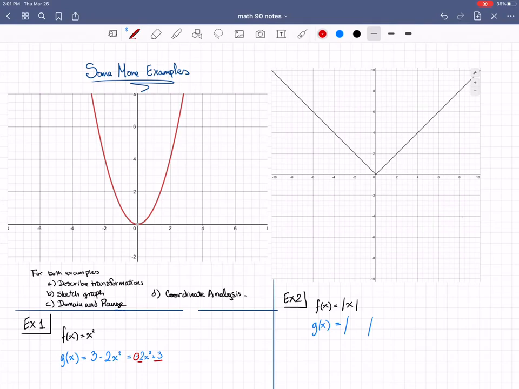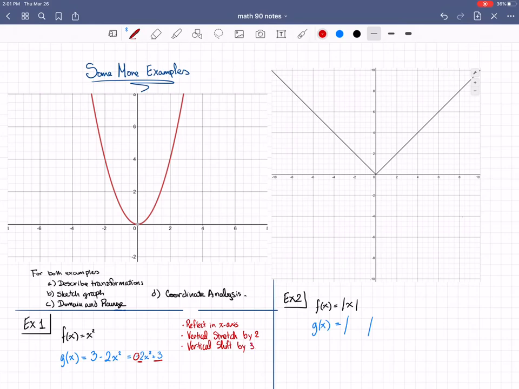So describing them in order. We have the negative on the outside, that's a reflection in the x-axis. The 2 on the outside is a vertical stretch. So I'm going to write here a vertical stretch by 2. And then the plus 3 on the outside, that's a vertical shift by 3.